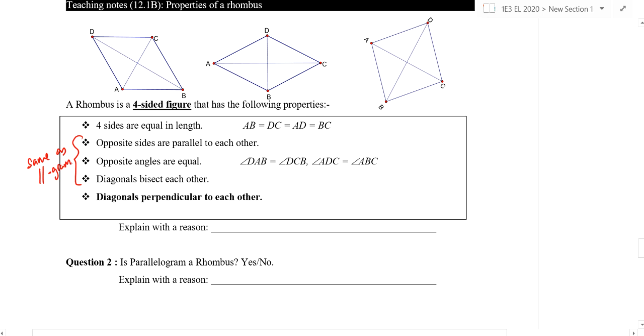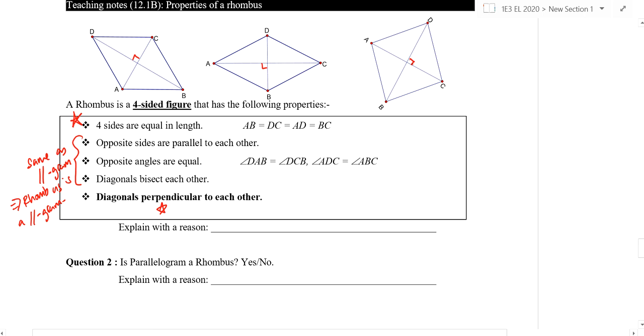In other words, a rhombus is actually a parallelogram. It is a special parallelogram where the four sides are equal and the diagonals are perpendicular to each other. So here 90 degrees, 90 degrees, and 90 degrees.